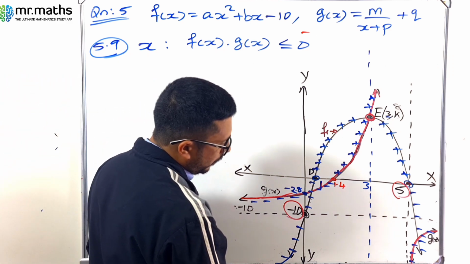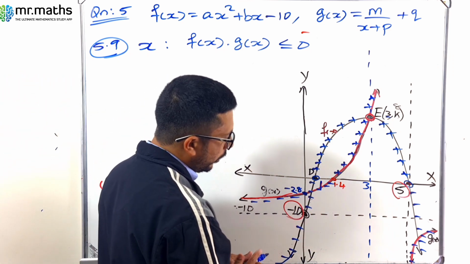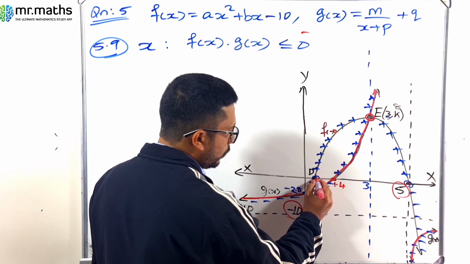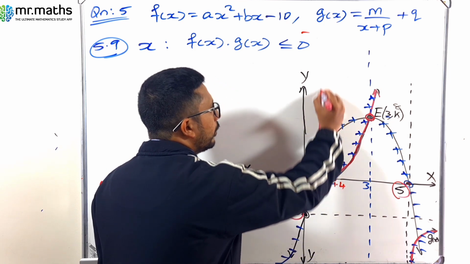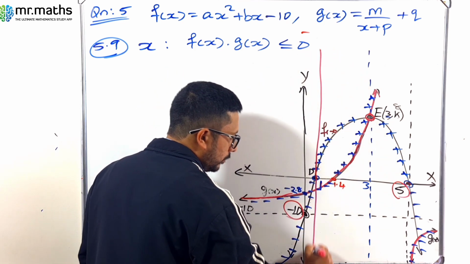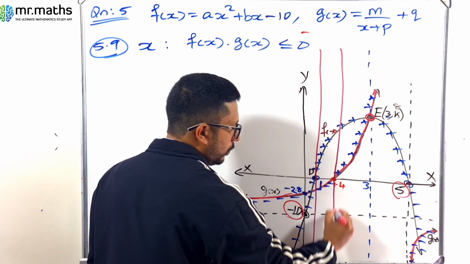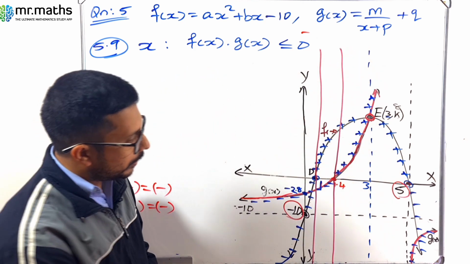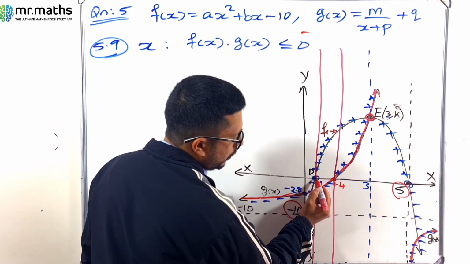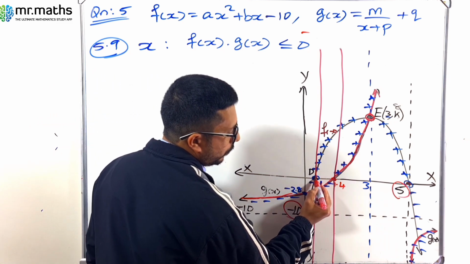So look at this one. Let me draw a big line here passing through this one. Okay, let me draw a big line here and here on this 1.4 also. So look at this part between this 1 and 1.4.